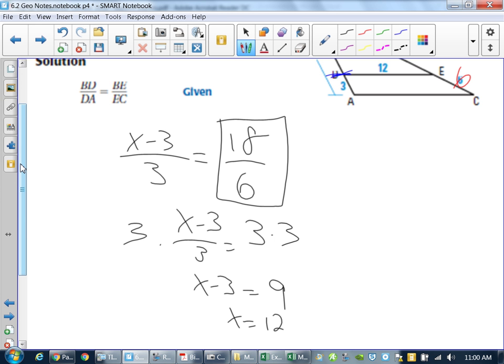I got 9 because 3 is half of 6. But it's 9 minus 3. You're not wrong with the way you're trying to set up.